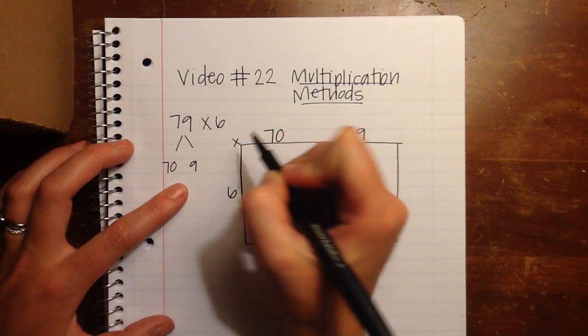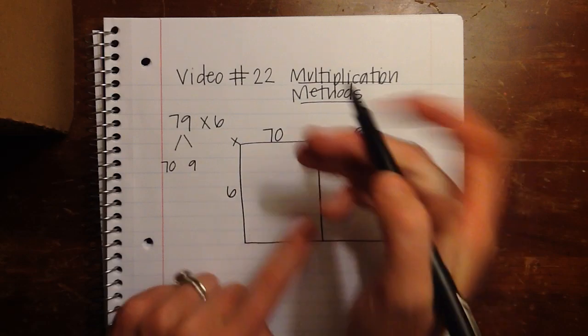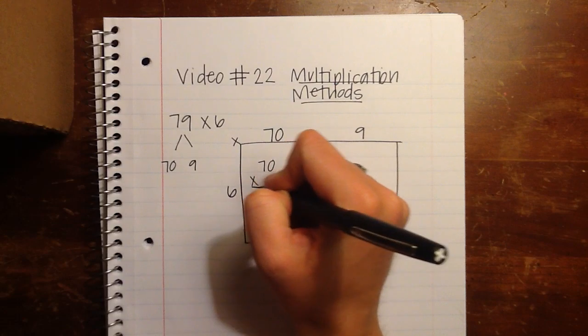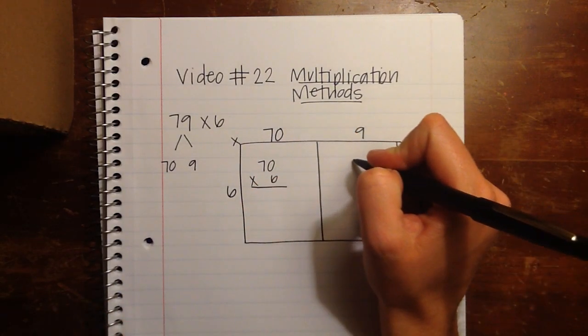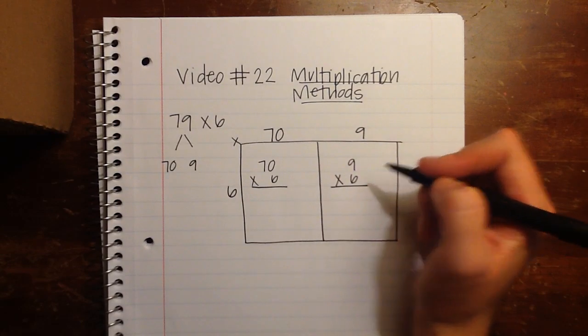And if you want to put a little X right there, then you know in this box you are going to be multiplying 70 times 6. And in this box you're going to be doing 9 times 6. Okay?